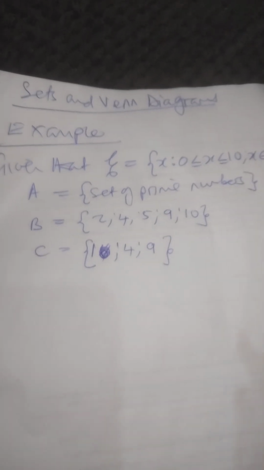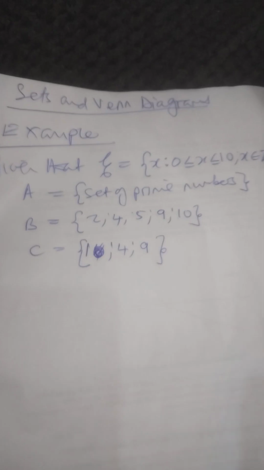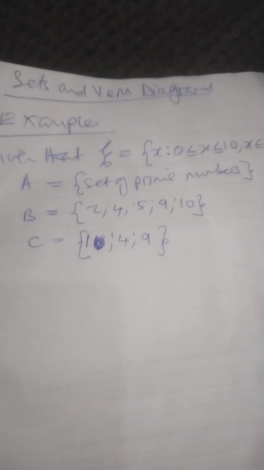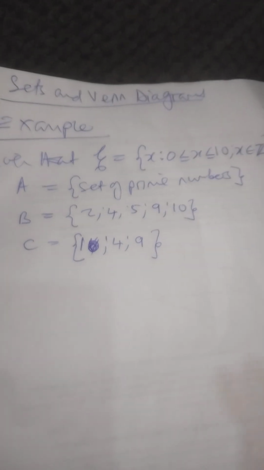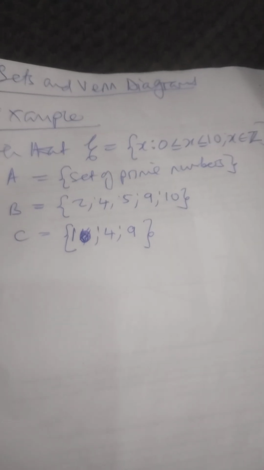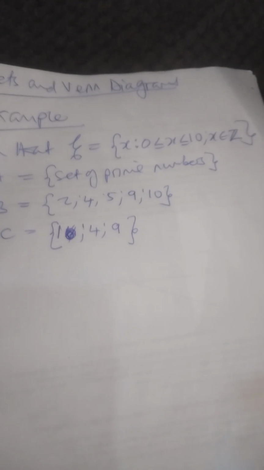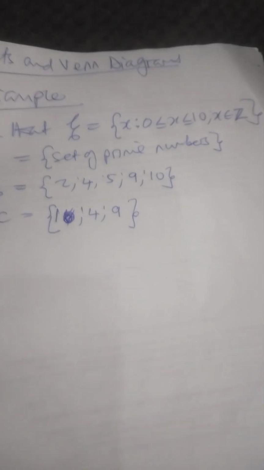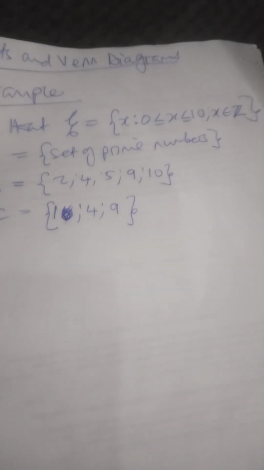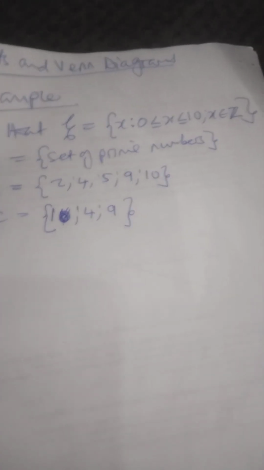A subset is the smaller circle obtained from the universal set. The universal set is the mother set which is used to make other smaller circles, and it is shown by a rectangle.